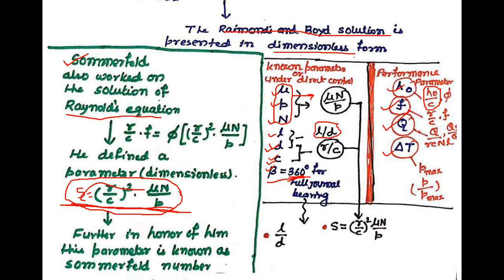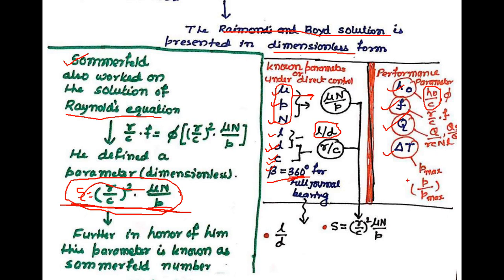This q is represented in the form of q upon r, c, n and l to define a dimensionless parameter. Also qs upon q, side leakage. The delta T, temperature rise, depends upon the maximum pressure.